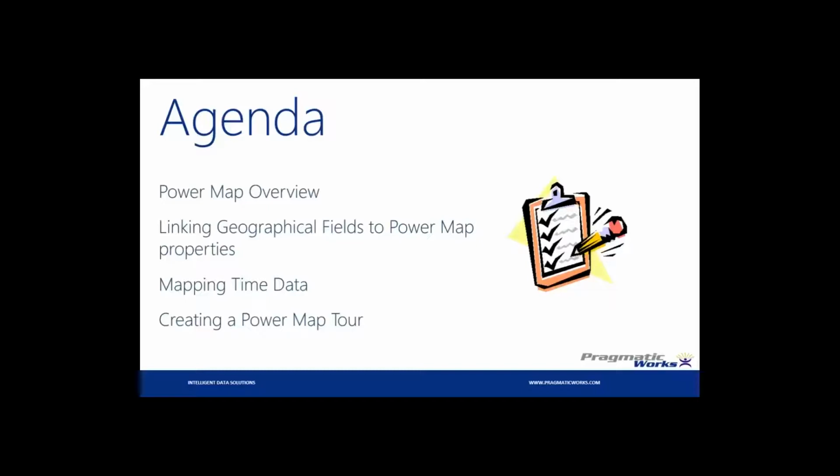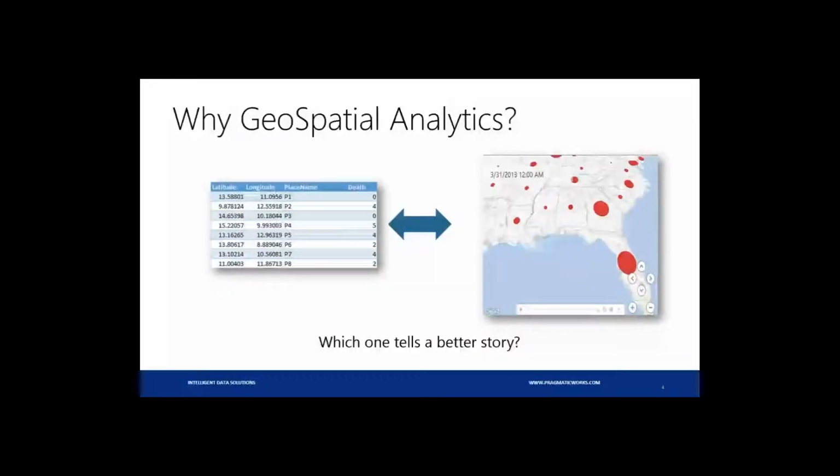All right, what would probably help, and most of you probably already realize this, is looking at a data set. I have 2 data sets here on my screen right now, and it's pretty clear which one displays and tells the most about the data. On the left-hand side, I have more of a tabular view of the data. Don't ask about the data itself, it looks like deaths for some reason. On the right-hand side, I have a map showing the exact same data set, but in a geographical view.